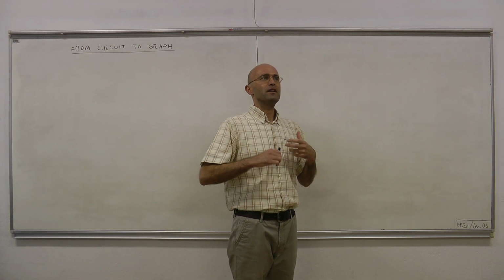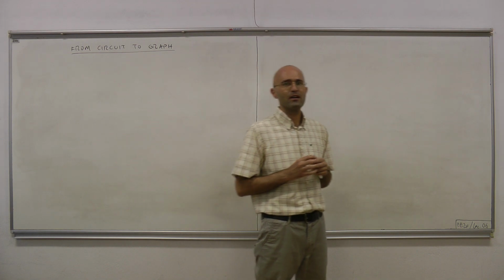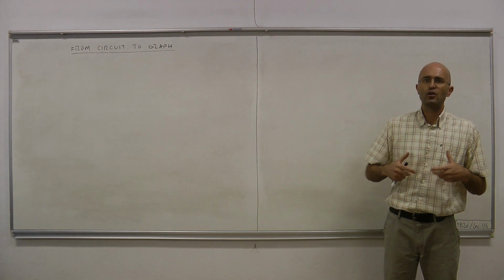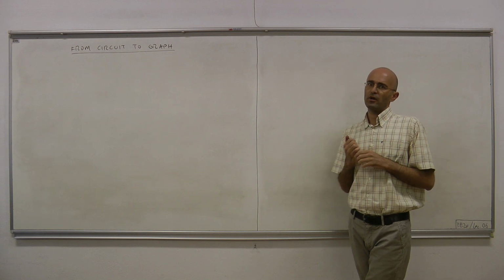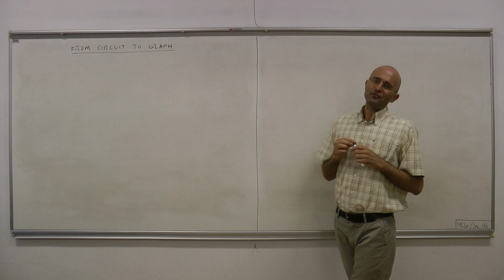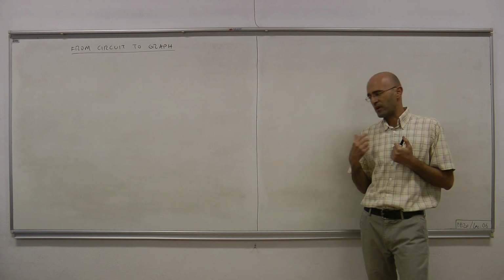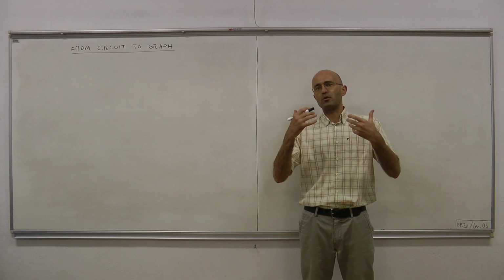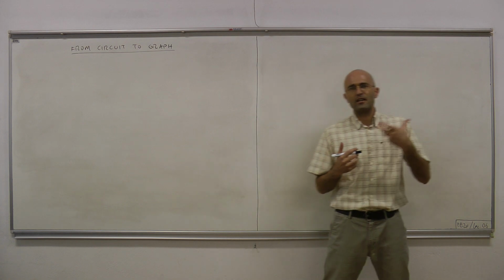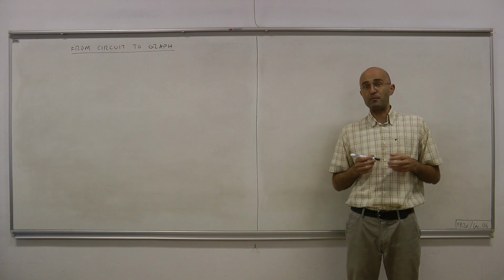In fact, today we're going to take the first steps toward developing a systematic approach for solving a circuit. It turns out that this requires, for a given circuit, first obtaining its graph. So that's what we're going to see today: given a circuit, its graph representation.